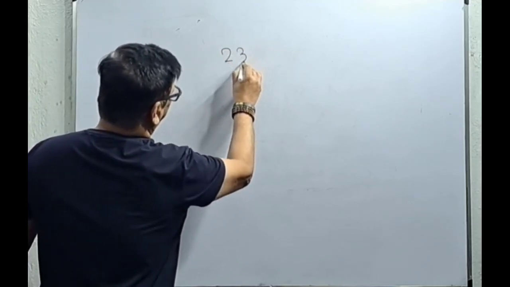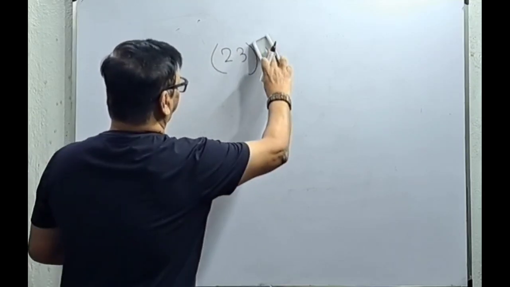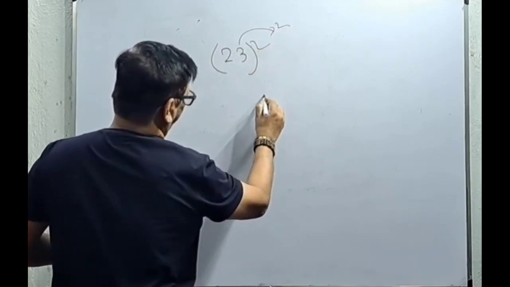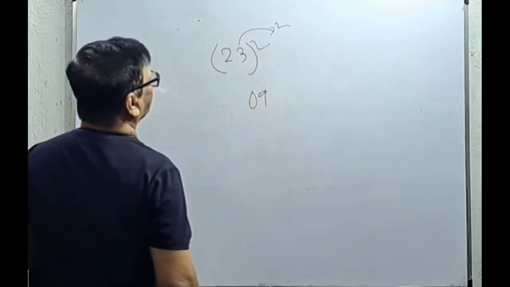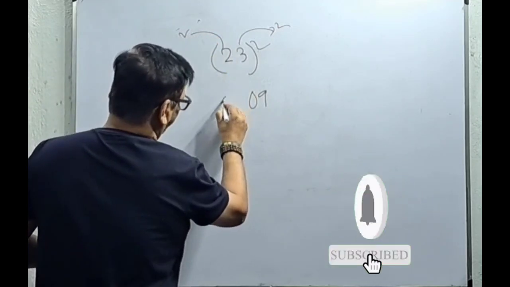Now, if you have something like this, 23 squared, what do you do? Square this number, you get 9, so write 0, 9. Square this number, 2 2s are 4, you write 0, 4.